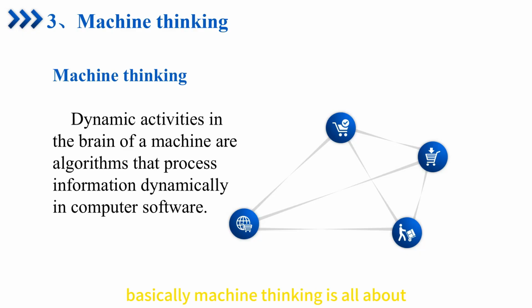Basically, machine thinking is all about giving machines the ability to analyze and understand data so they can make smart decisions and take actions based on what they have learned.